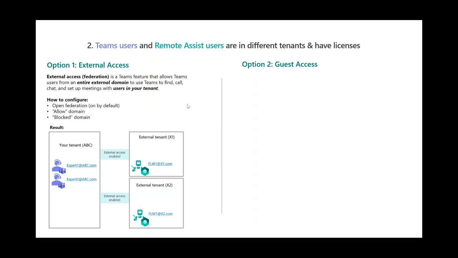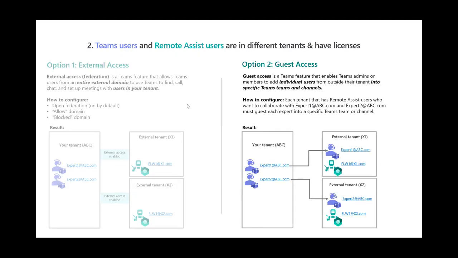So let's just say that your tenant enables external access with X1, and ABC also enables external access with X2. In that way, ABC can search and collaborate with X1, ABC can do the same with X2, but because external access is not enabled between X1 and X2, those two tenants cannot search and collaborate with each other.